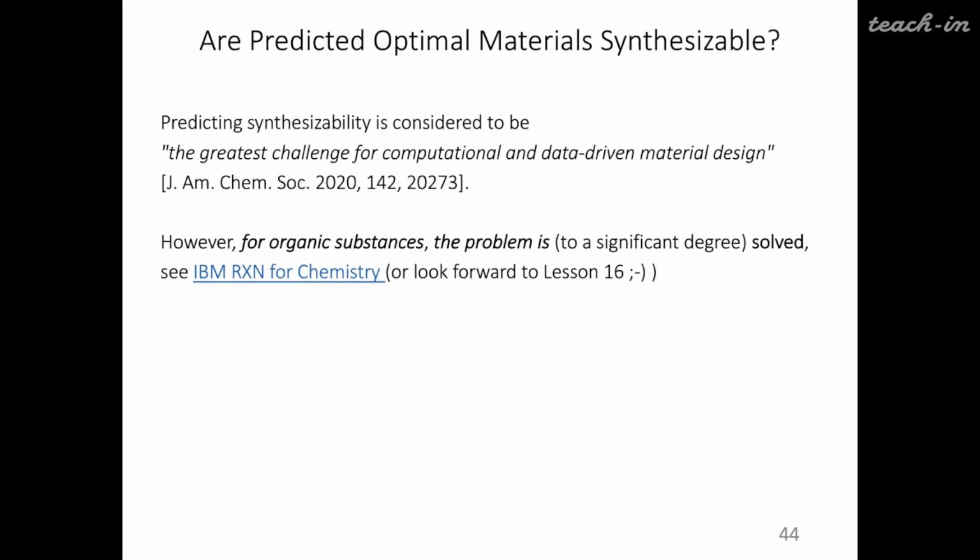However, a predicted material or molecule can be hardly synthesizable. And for materials, this now is considered as a great challenge. However, for organic substances, the problem of synthesizability prediction is to a significant degree solved. And we are going to discuss this in the last lesson of this course.